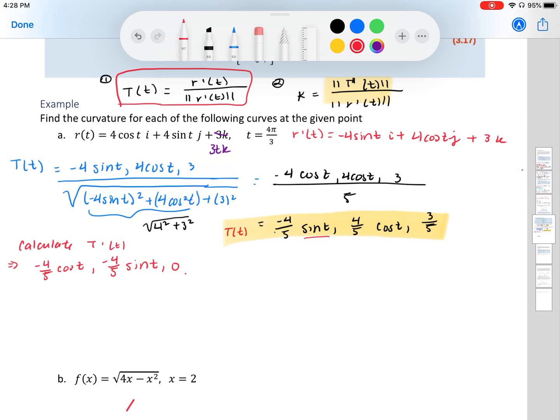Okay, now I can apply my new formula. K is equal to the magnitude of T prime of t divided by the magnitude of r prime of t.